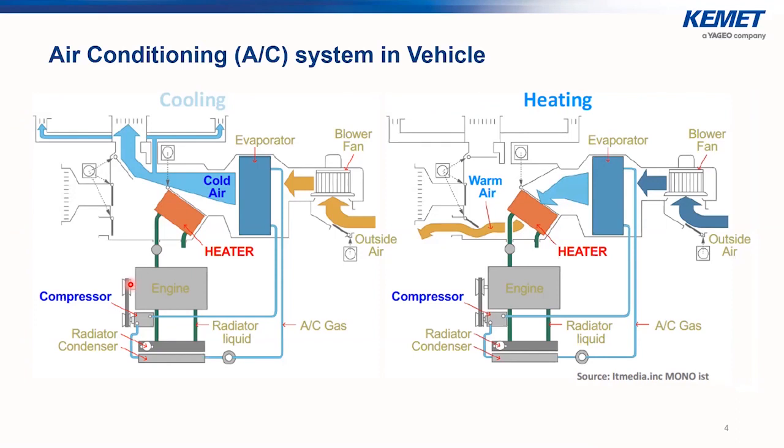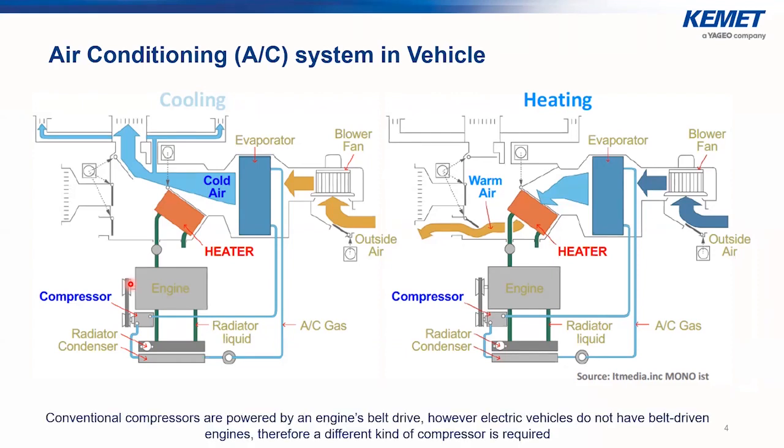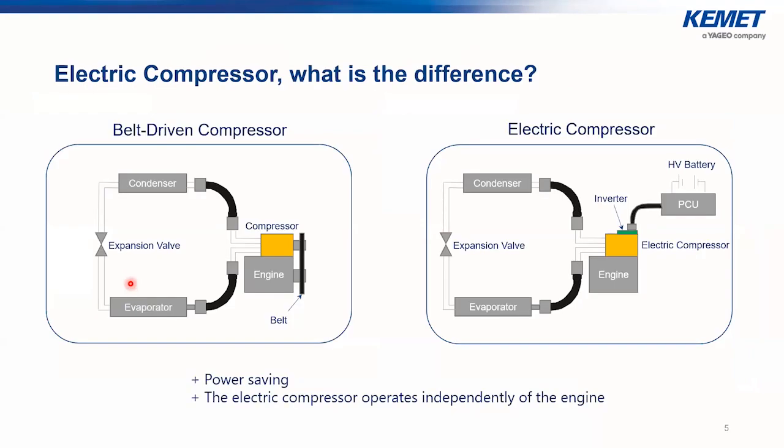They have stop and start, recuperation, or regeneration phases, and all of these different states cannot be operational with this compressor. For this reason, a different solution has been proposed, and that is the electric driven compressor.